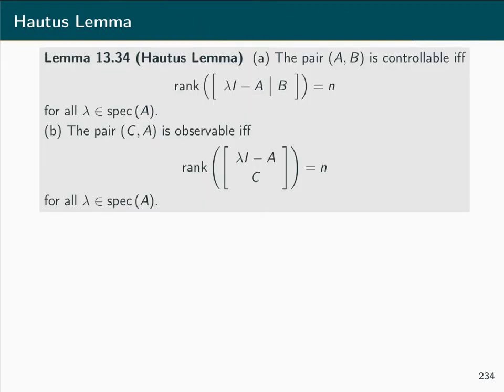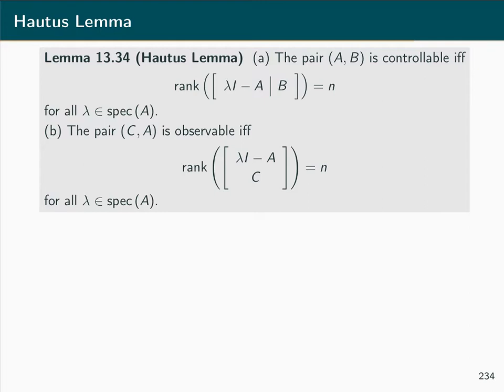Now we get to a very important lemma in 13.34 called the Hautus lemma. The Hautus lemma provides an additional condition to check the controllability or the observability of a system apart from using the controllability matrix or the observability matrix.